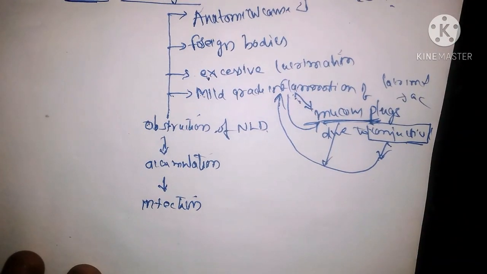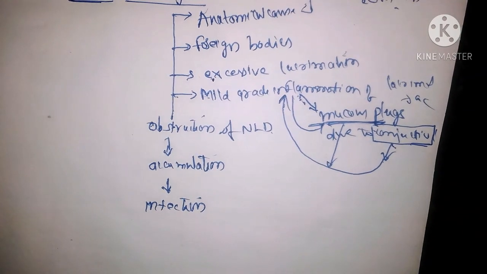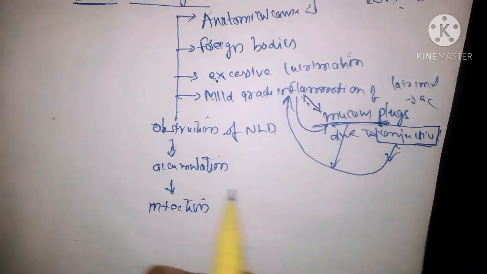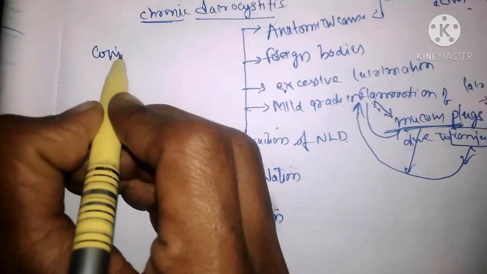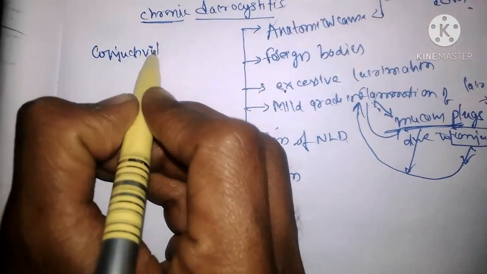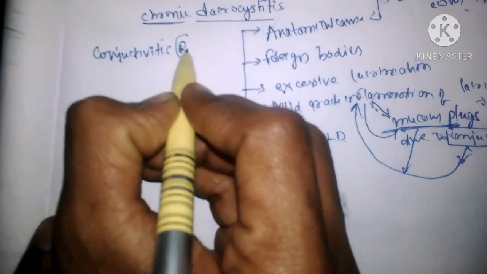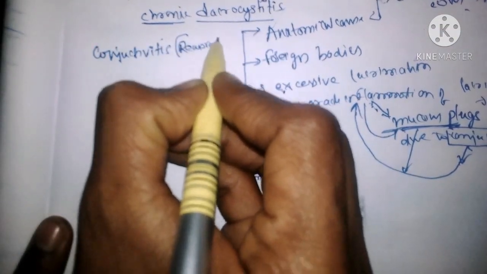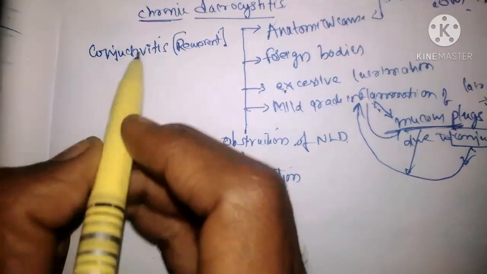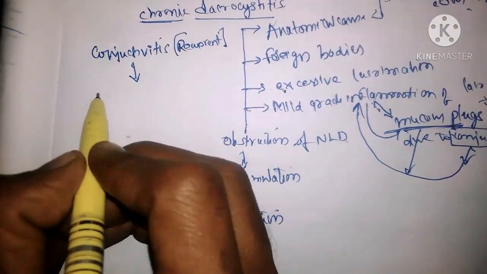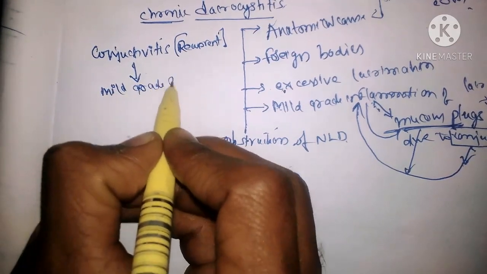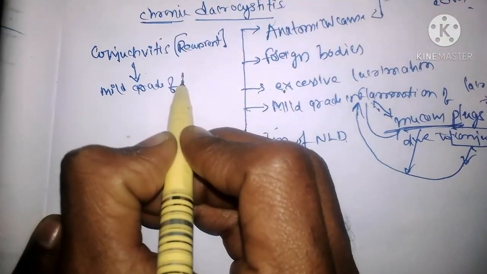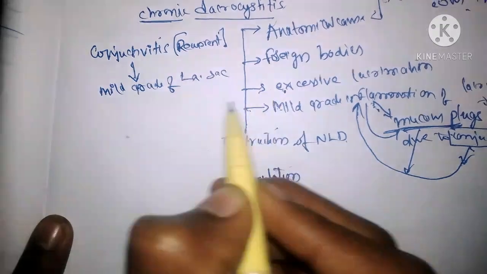Okay, I hope you understood the concept. So let me rewind this concept again. First there will be conjunctivitis, mainly recurrent conjunctivitis. Clear? Due to this recurrent conjunctivitis, it results in mild grade inflammation of the lacrimal sac.